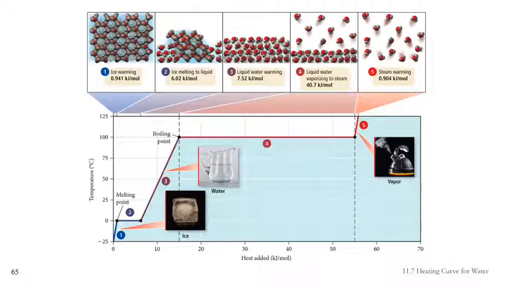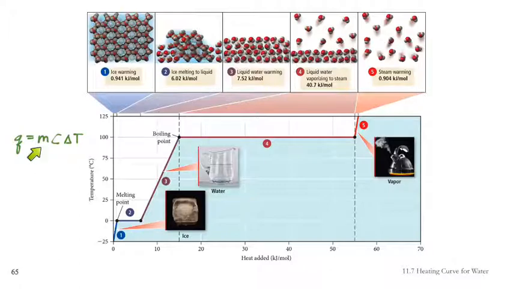Q equals MC delta T. So that's going to be used for this first transition here, where the ice is warming up.